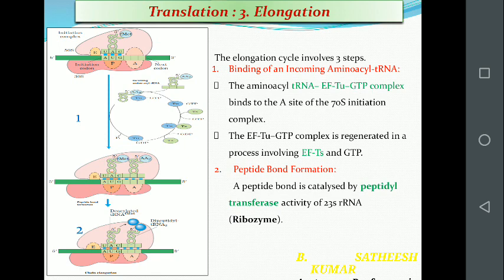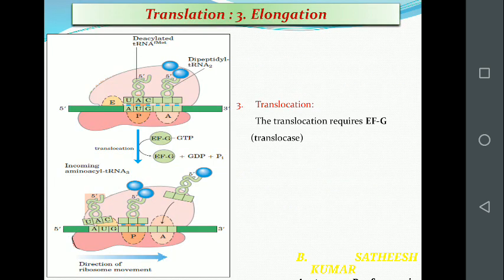So now the P site has a discharged tRNA. The third step in elongation is translocation, which requires EF-G, also known as translocase, an elongation factor. Because of that elongation factor, which binds GTP hydrolytic energy, it translocates one codon ahead on the mRNA molecule.